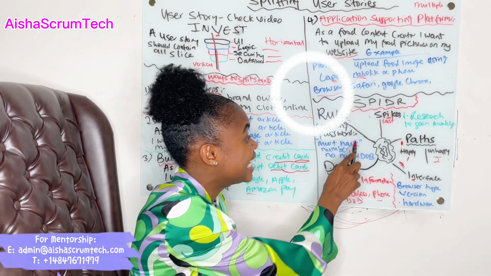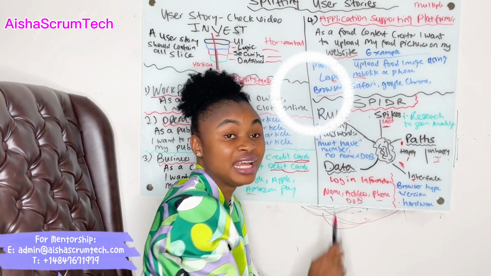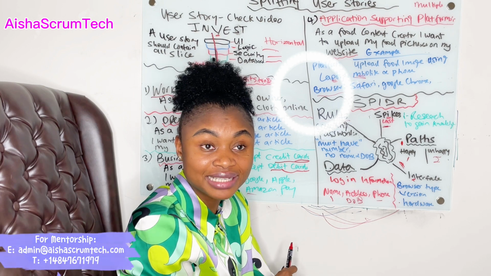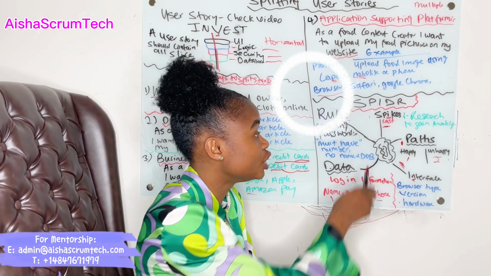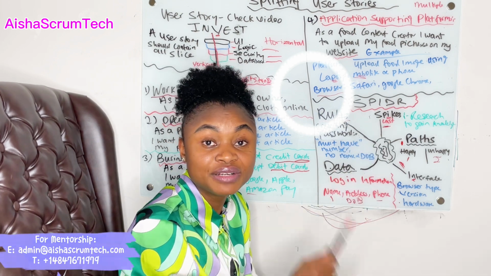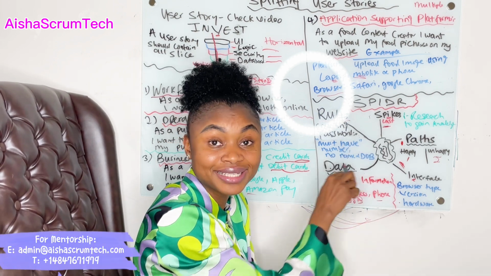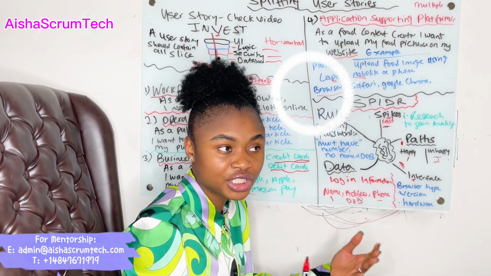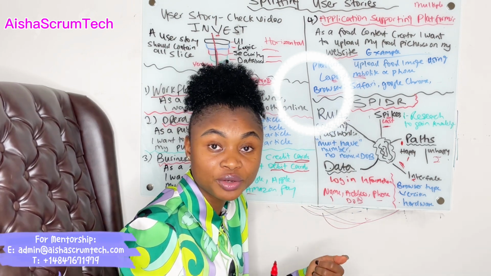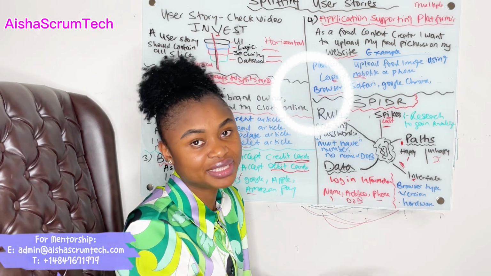So the last one I have is spike. And it's very important that I put spike last, because I know sometimes in teams, right away we just want to jump in and go to spike. But it's very, very advised that we do spike last. Spike basically is doing some research to get more knowledge about what we're going to be doing before implementation.